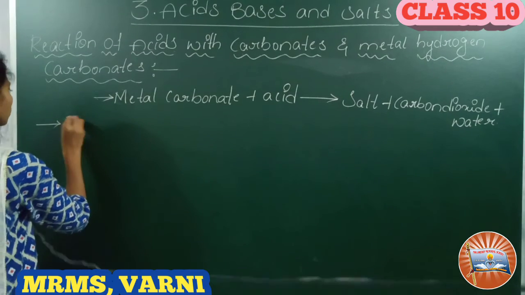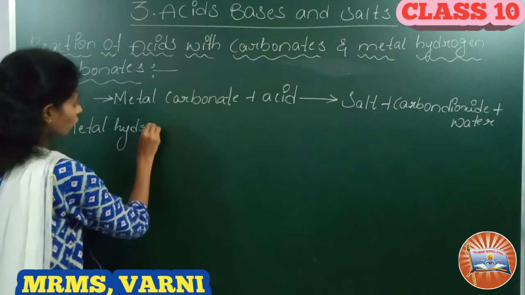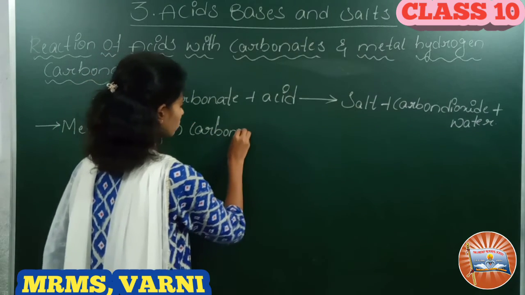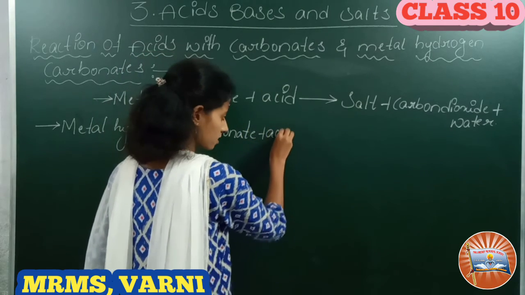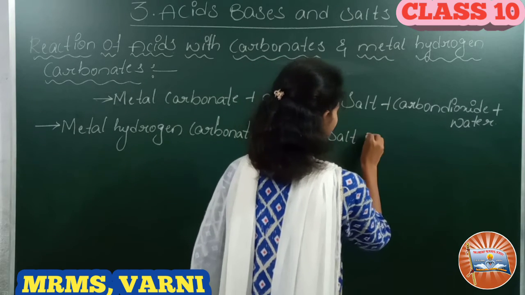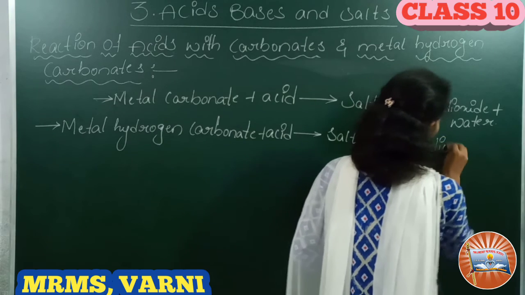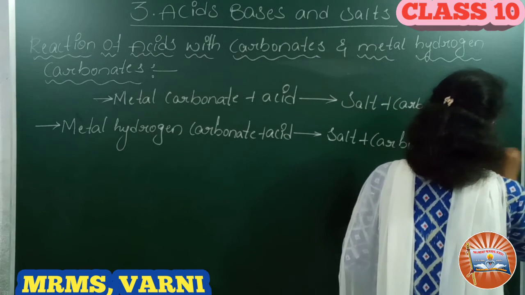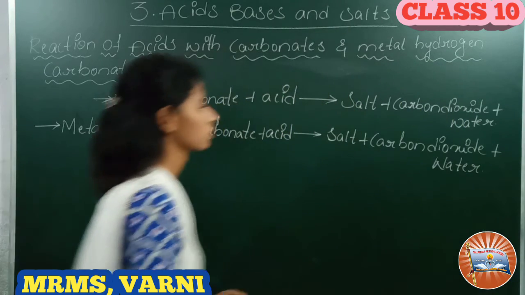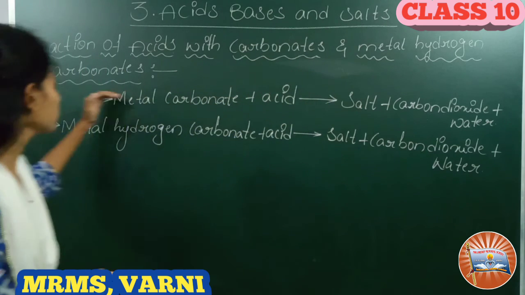And when metal hydrogen carbonate is reacted with acid, it will form salt, carbon dioxide and plus water, okay. This is the reaction of acids with carbonates and metal hydrogen carbonates.